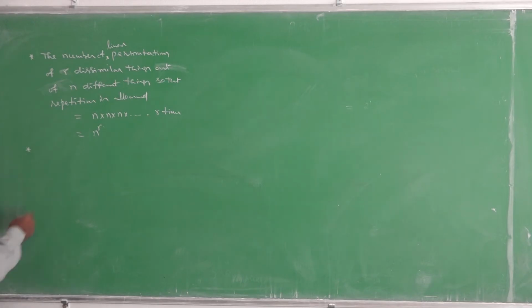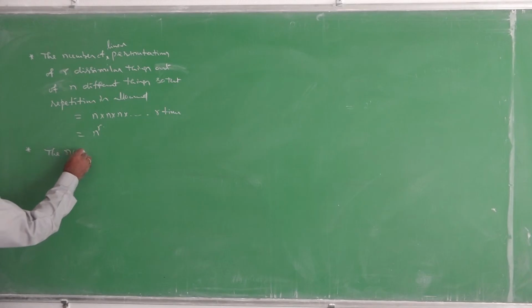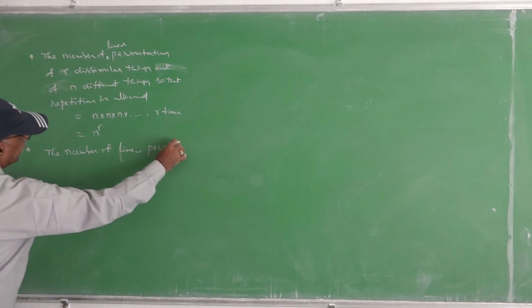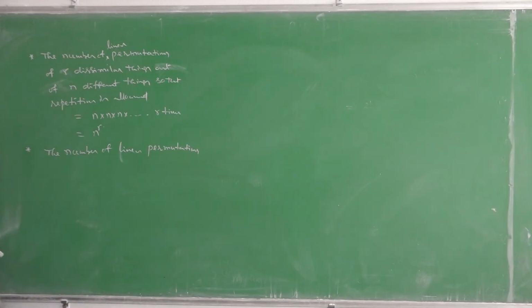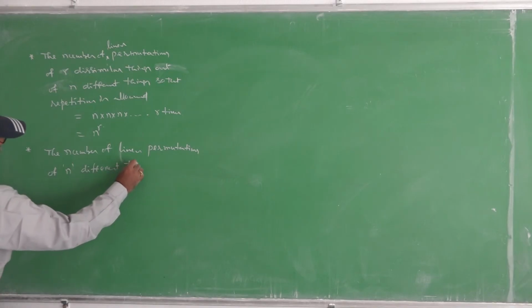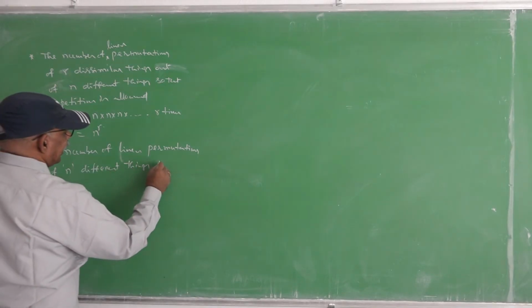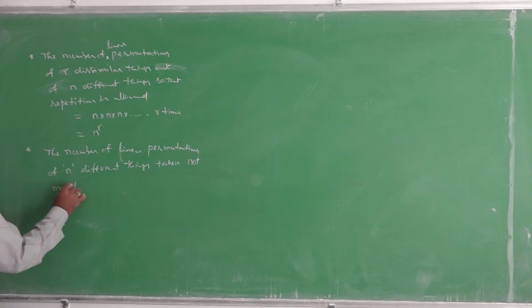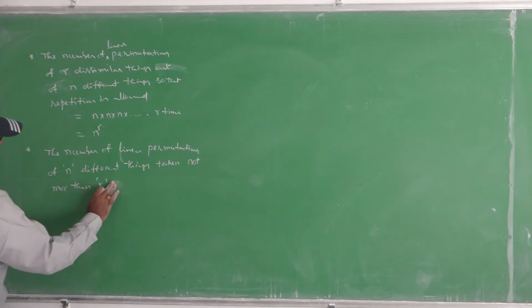Next, similarly, the number of linear permutations of n different things taken not more than r at a time.